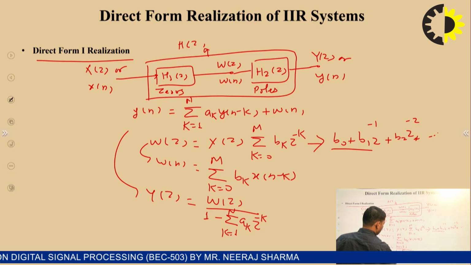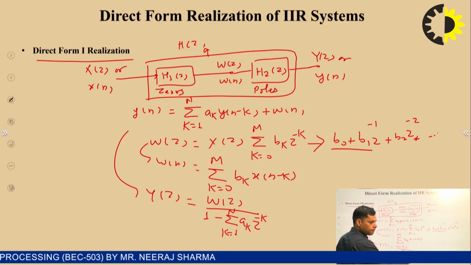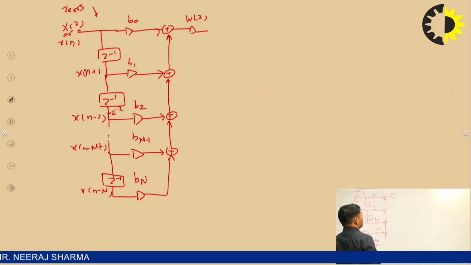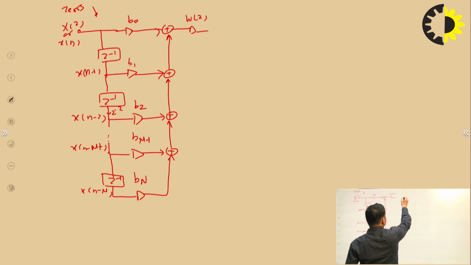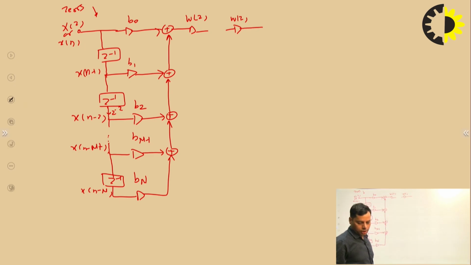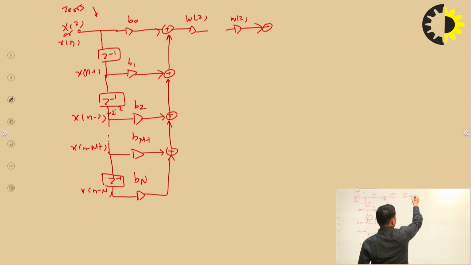Pole is what? This one, 1 minus something. So here we have 1 plus the summation a1 z raised to power minus 1 plus a2 z raised to power minus 2, like this we can derive it. So this one part is W(z). This W(z) is now going to add here.